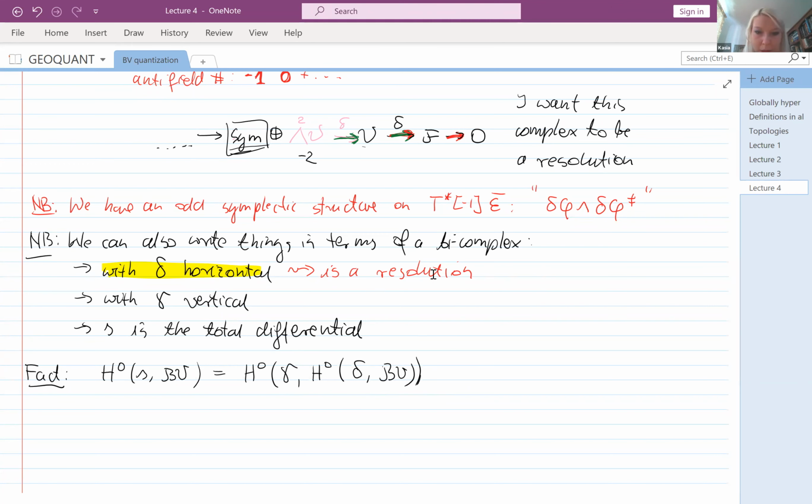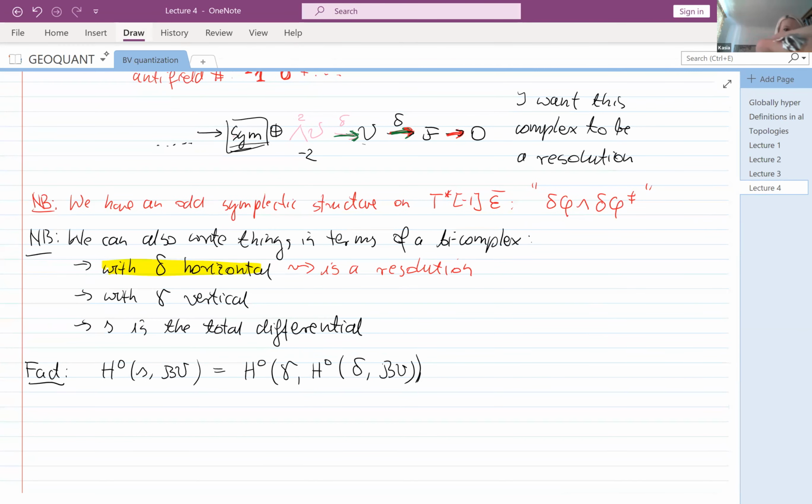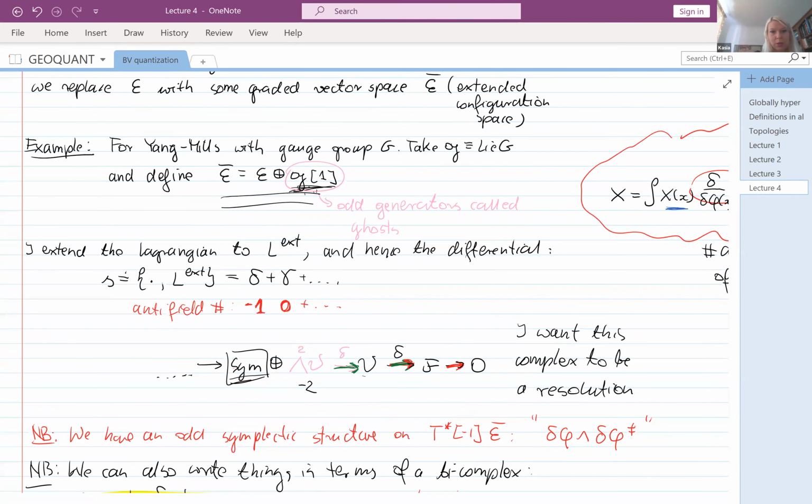Let's see what we have. The ghosts are in the configuration space. So the question is, are the ghosts or their duals in F or in V? That's a good question. So let's go back to the ghosts. So here, when you take the space of functionals on this, so this would be our old functionals, right?